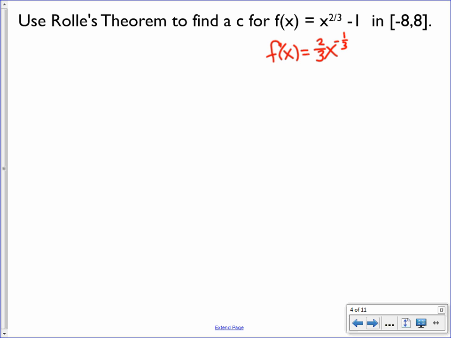So this is not differentiable at x is 0, which is in that interval, so we cannot use Rolle's theorem here. It does not apply here because it's not differentiable.